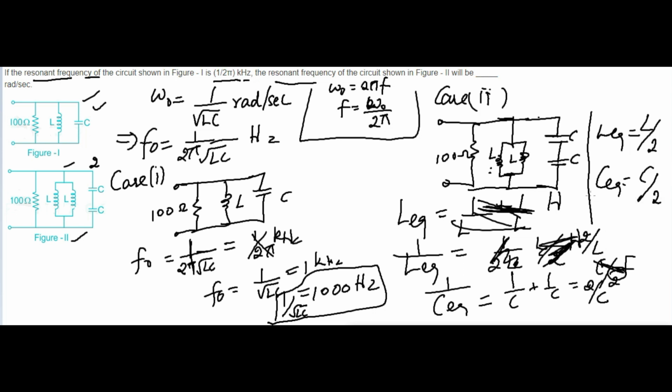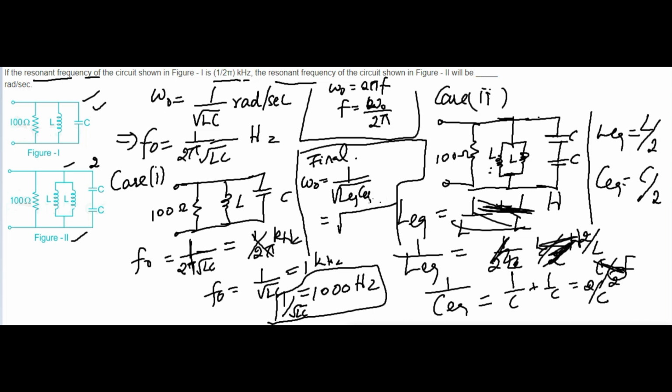That's all. Now for the final calculation, we have to find omega naught for the second circuit. Omega naught is equal to 1 divided by root of L equivalent times C equivalent.